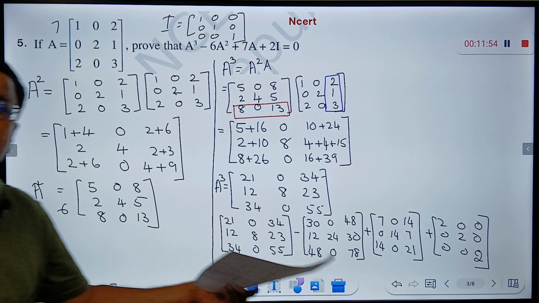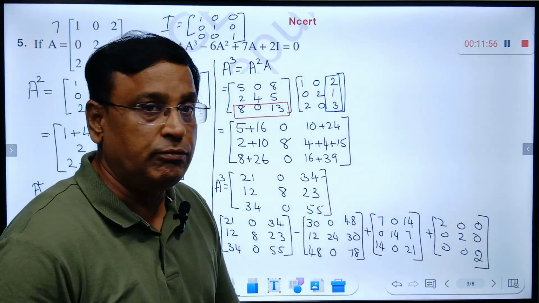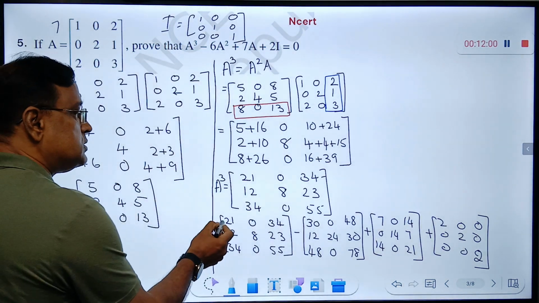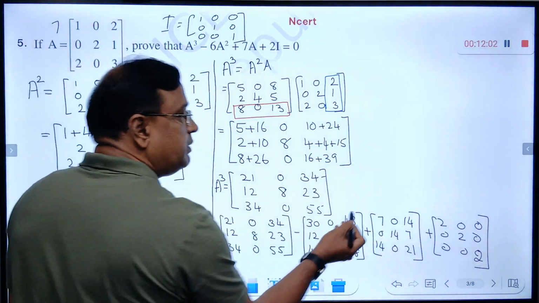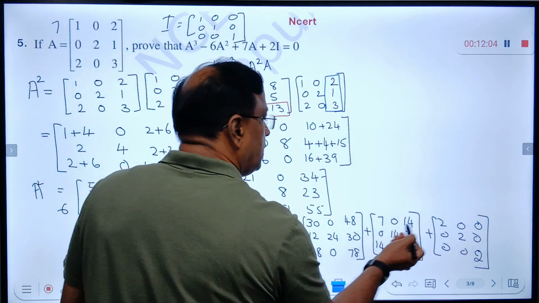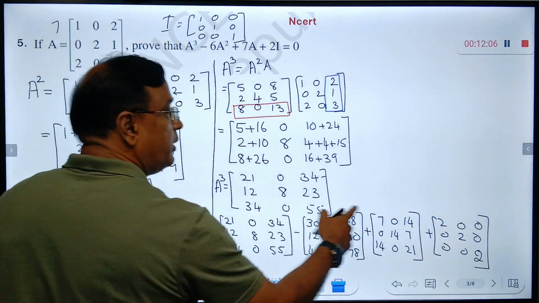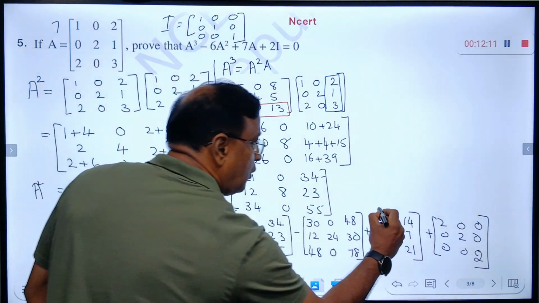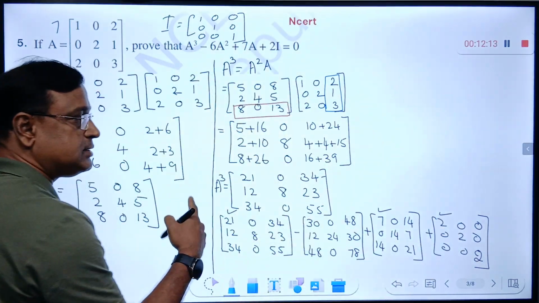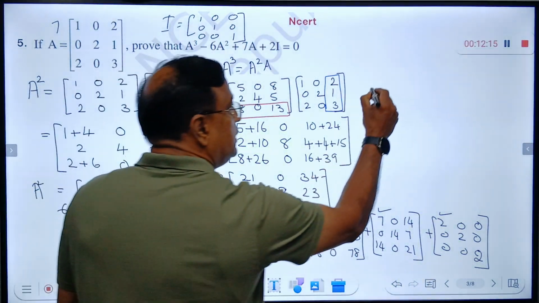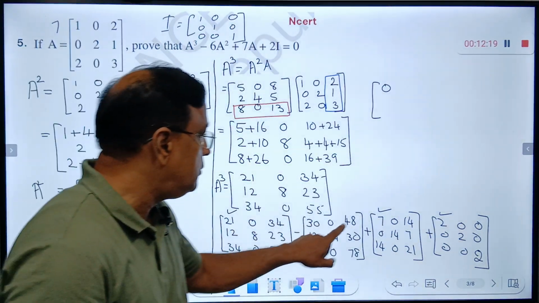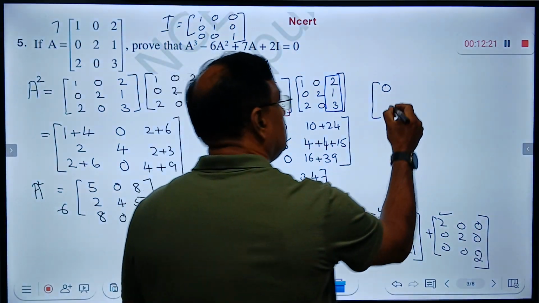Now it is addition and subtraction of matrices, which we have already discussed. 21 plus 7 is 28, 28 plus 2 is 30. You see, first I add all the positive numbers, that is 30, 30 minus 30 is 0. Now 0 plus 0 plus 0 is 0, so everything is 0.